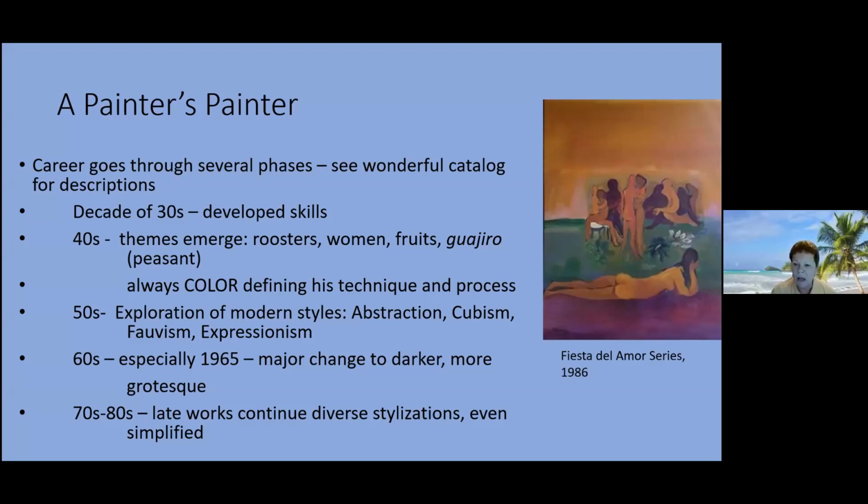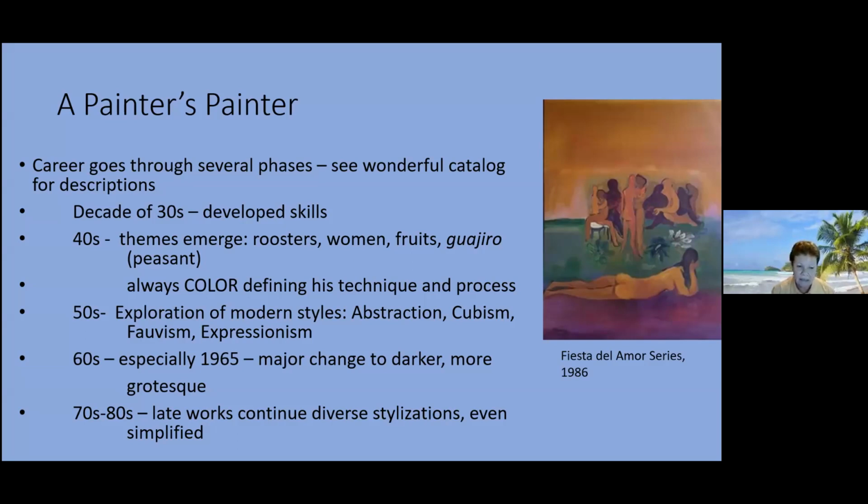Even when the color gets dark, it's still a part of how he paints. By the 50s, he began to explore modern styles: abstraction, cubism, fauvism, expressionism, and you will see that emerge in his work. In the 60s, especially 1965, there's a major change to a darker, more grotesque painterly style.